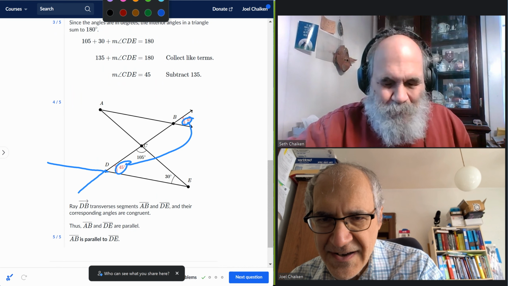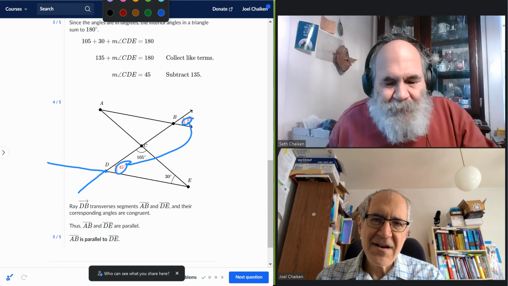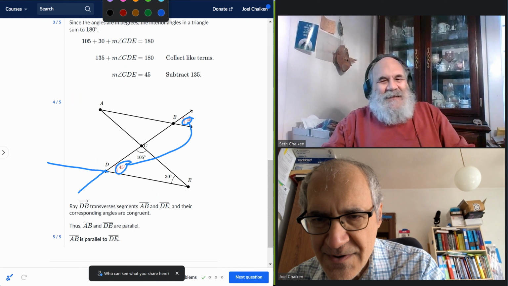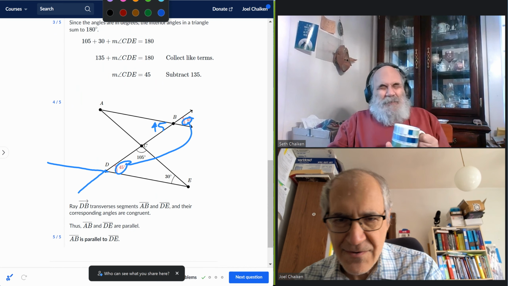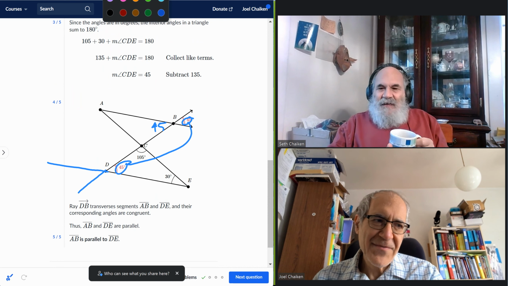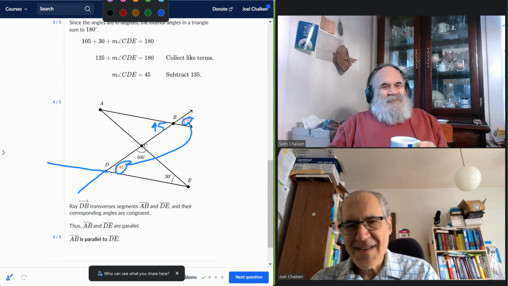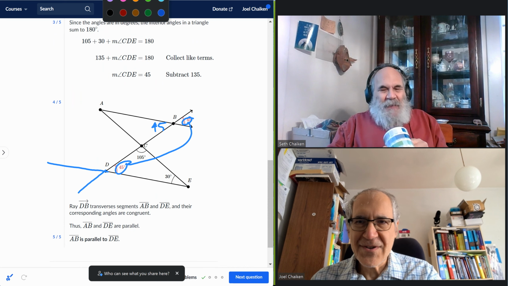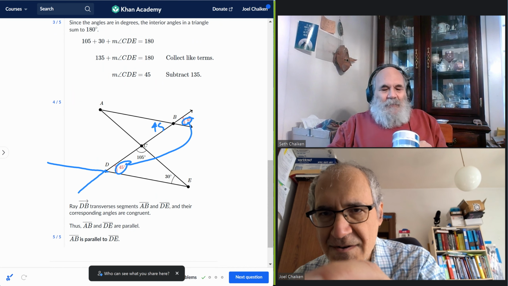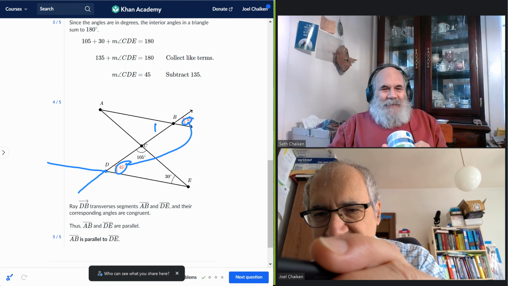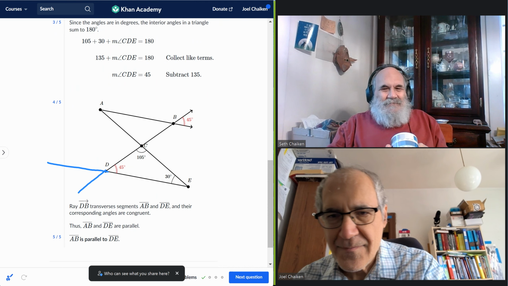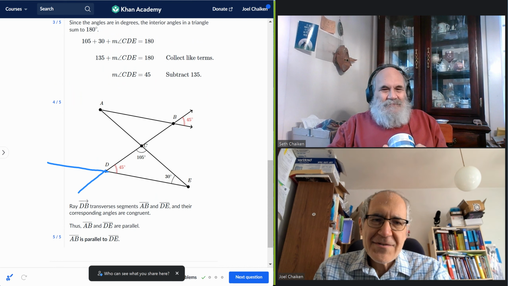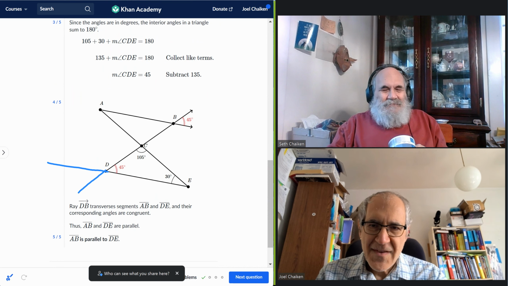And if they're corresponding angles, then the two lines are parallel, as opposed to what we did, which was just do the natural thing, which is to put a 45 here, and notice they're alternate interior. So they didn't use the vertical angles, but they used the corresponding angles. They didn't use the vertical angles being equal to do the problem, but then you had to know corresponding angles are equal, which is fine. As you can see, there's more than one way to skin the cat in these problems.